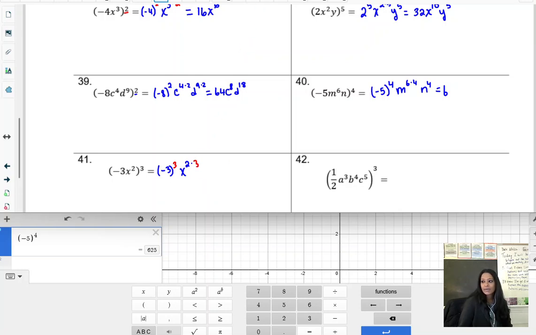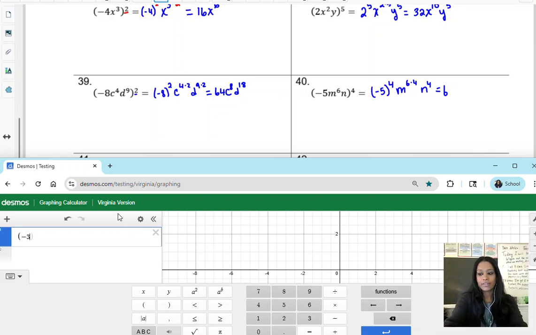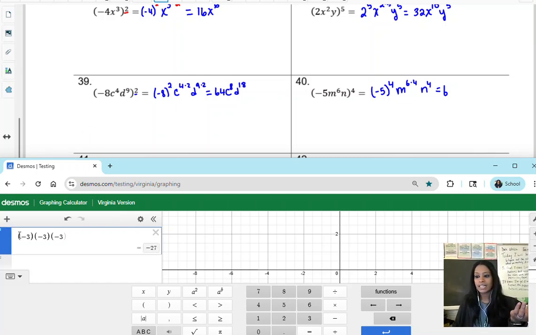And then that equals negative 3 cubed. Now, this is the same thing as negative 3 times negative 3 times negative 3, right? Which ends up being negative 27, because negative 3 times negative 3 is positive 9, and then positive 9 times negative 3 becomes a negative. So it just alternates. Okay, so that's negative 27.